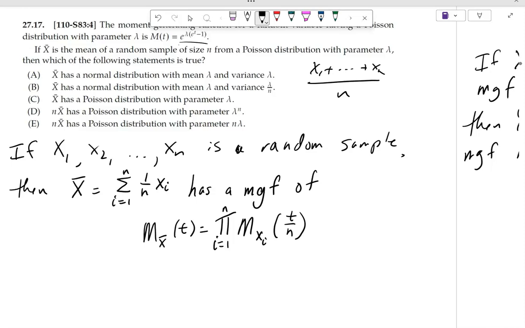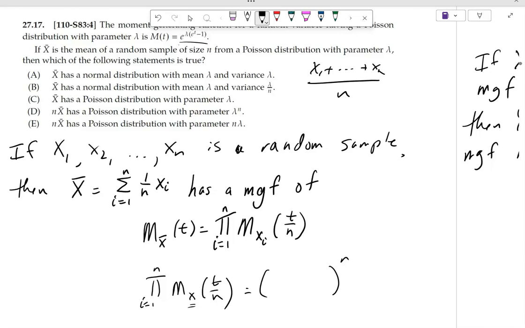Well, using this, we would do the product of the moment generating functions and replace the t with t over n. It's the same distribution every single time, right? So we're going to have something raised to the nth power, because it's the same moment generating function multiplied by itself n times.